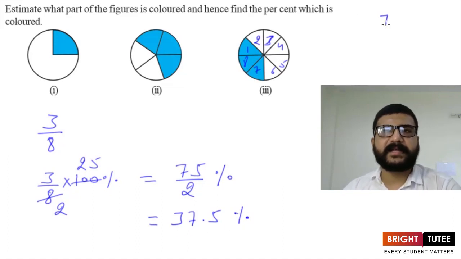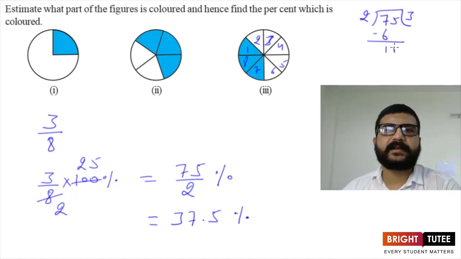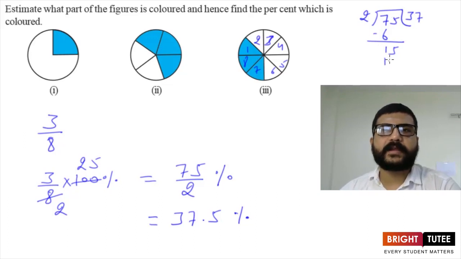We can simply divide and check. We can divide like this, 75 divided by 2. 2 into 3 will give us 6. We have to subtract now. 7 minus 6 will be 1. Now we are having 15 here. Now 2 into 7 will give us 14. Now again we will get 1.